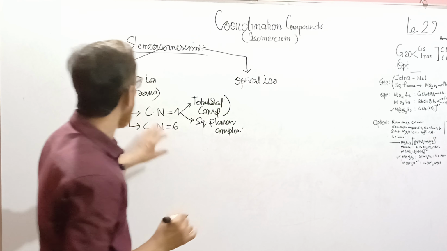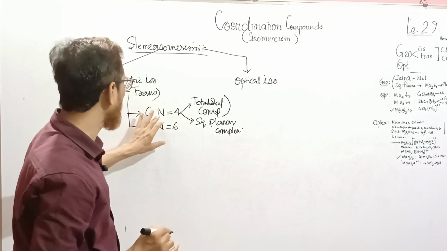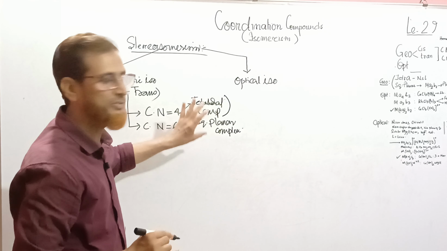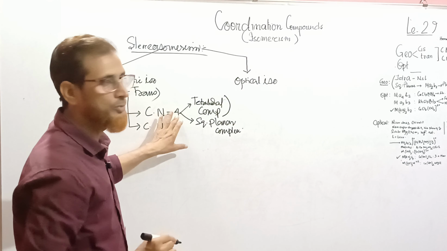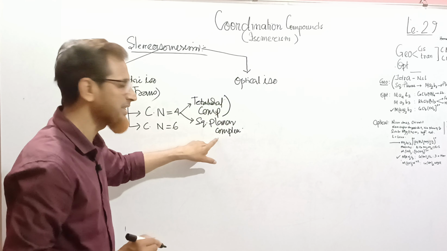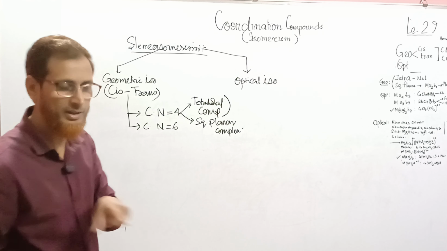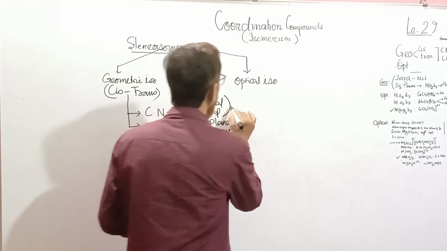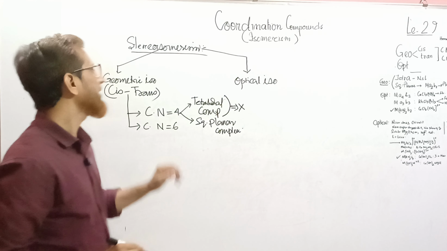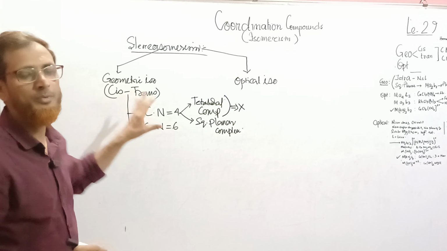Coordination number 4 is shown by tetrahedral complexes and square planar complexes. Both types of complexes show coordination number 4, meaning the central metal is surrounded by 4 ligands. Here also central metals are surrounded by 4 ligands, but one is tetrahedral, the other is square planar. Why there is a difference I will explain a bit later on, but the tetrahedral will not give any type of geometrical isomerism.